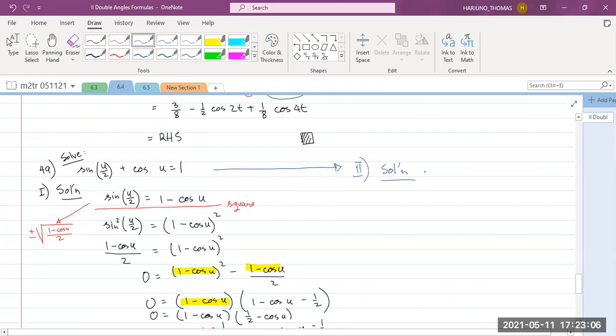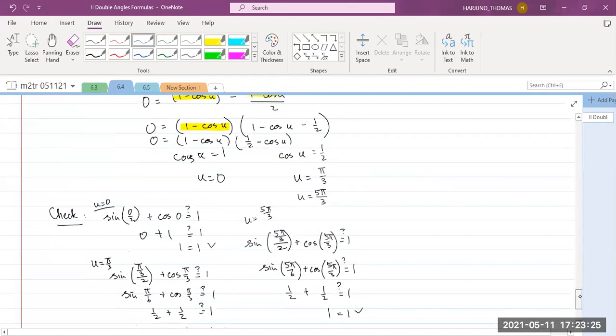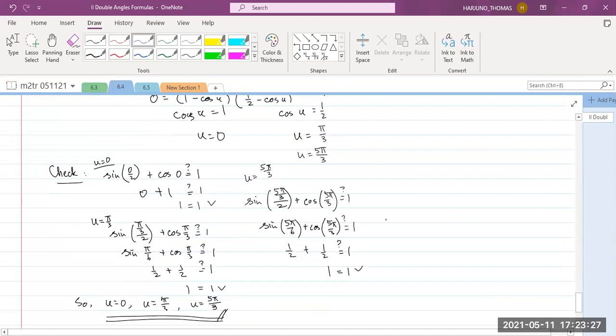The second way, let u over 2 equal x. 5 pi over 3 is not correct. Why? Let's see. Cosine 5 pi over 3, that's quadrant 4, right?